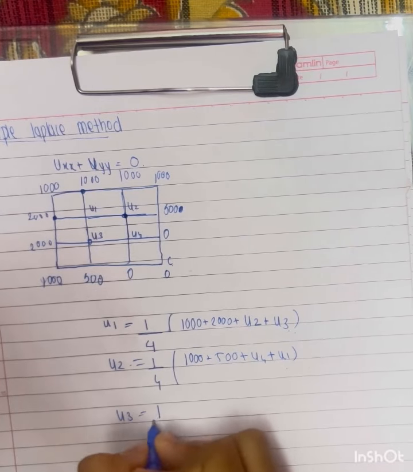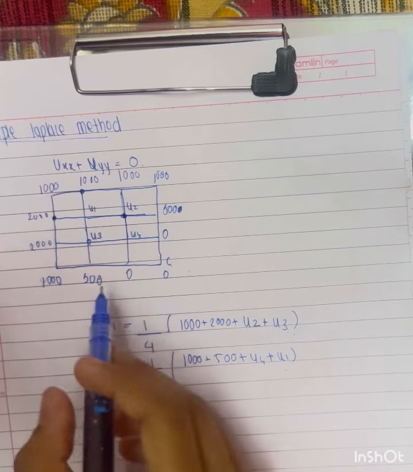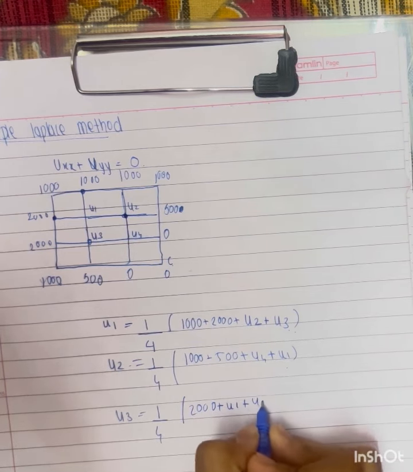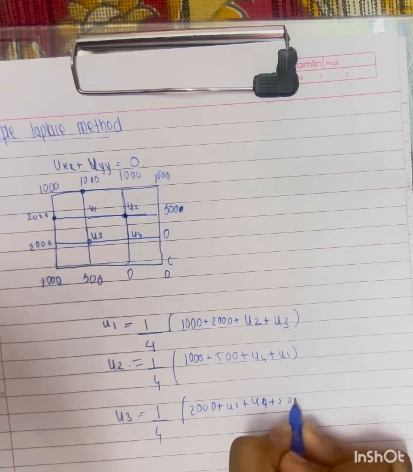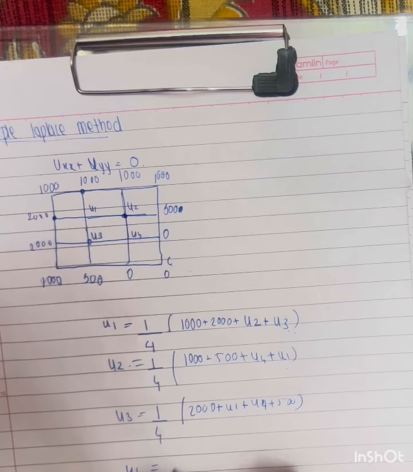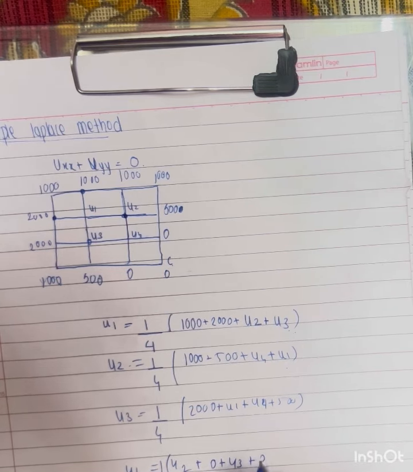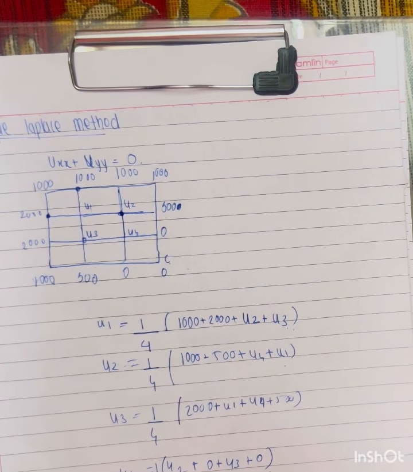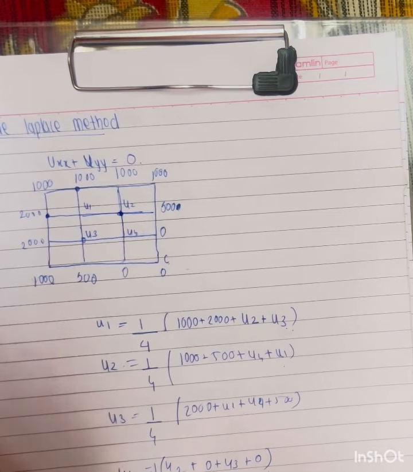U3 will become 1 by 4 (2000 plus U1 plus U4 plus 500), and U4 will be 1 by 4 (U2 plus 0 plus U3 plus 0). Okay, so this is how you write the values of U1, U2, U3 and U4.